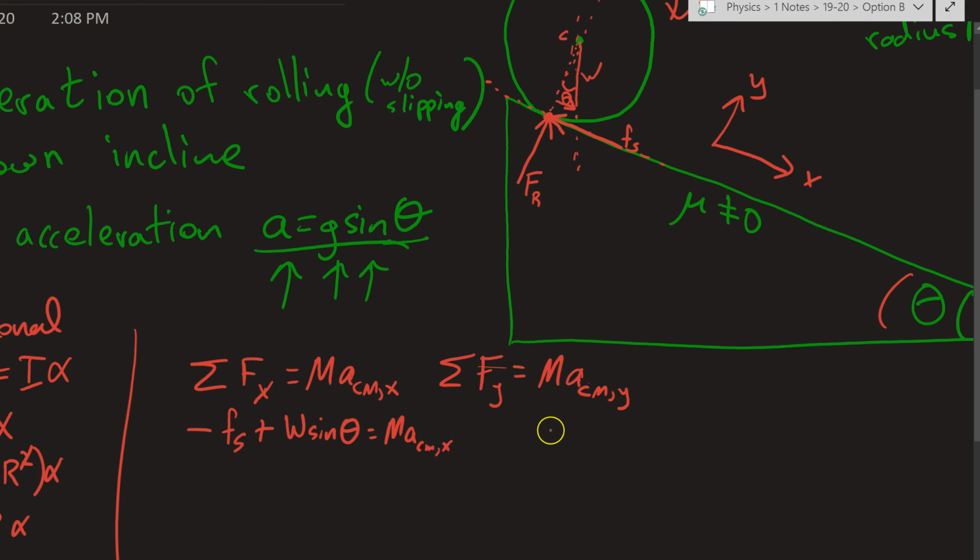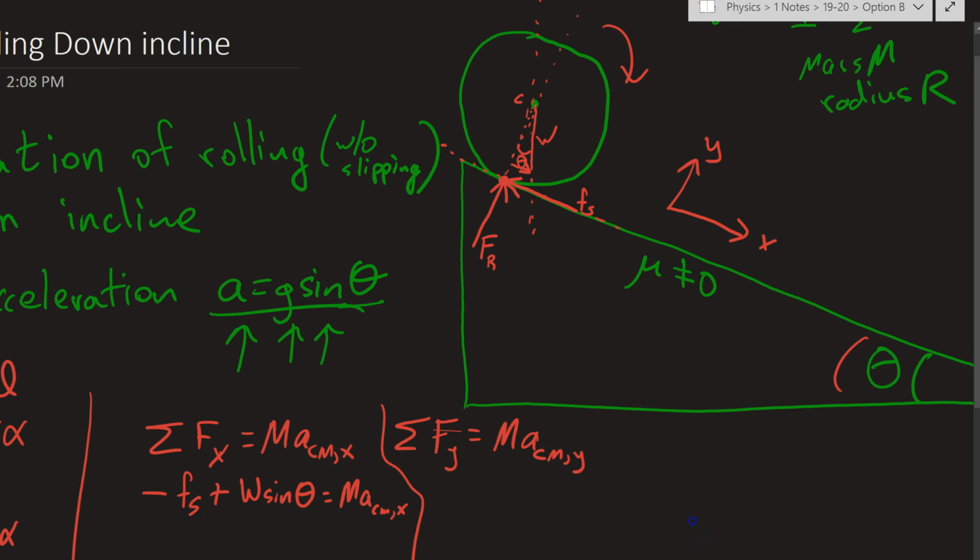In the y, we could go ahead and do it. I don't know if we'll need it. In the y, we have reaction force minus w cosine theta equals m a center of mass in the y, but we know that's 0 because the center of mass is going to move along this line, and it's always going to be r away from the ramp, so it does not have a y acceleration here.